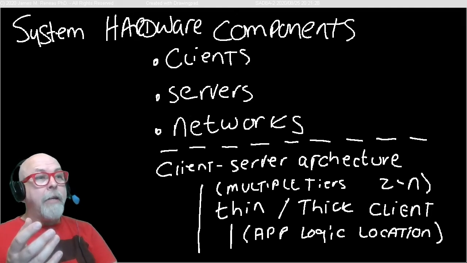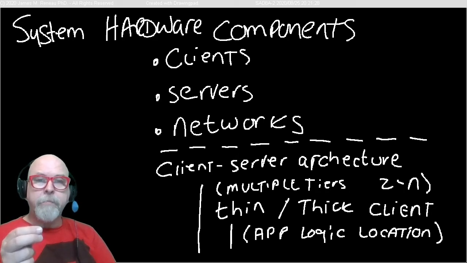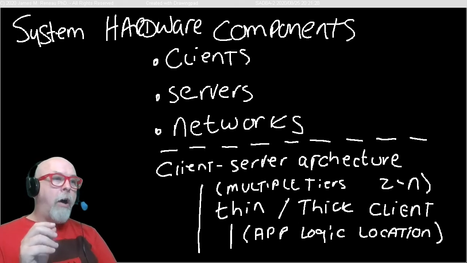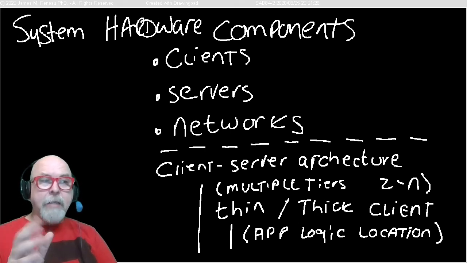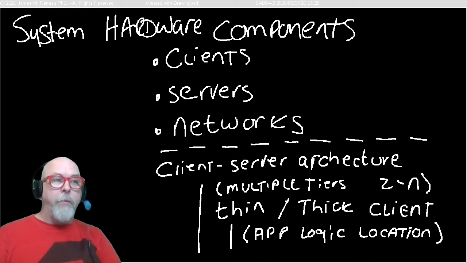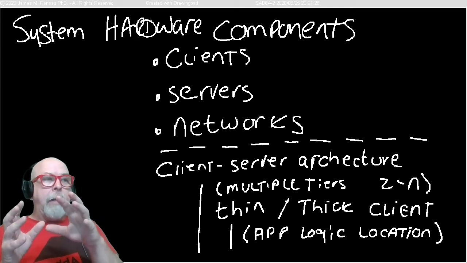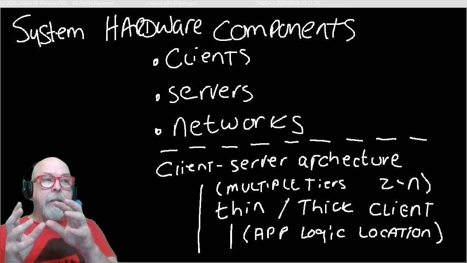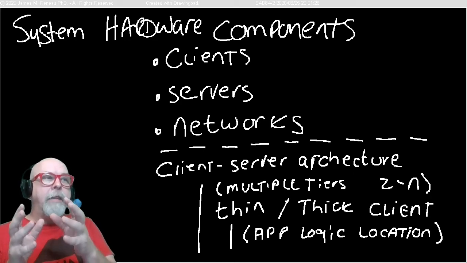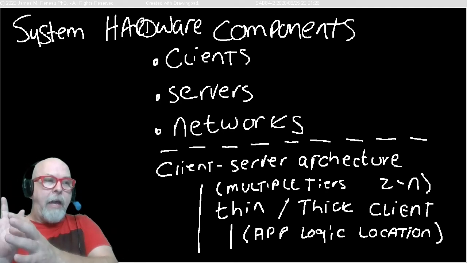A thin client is a client that only deals with presentation. All of the application logic, all of the data access logic, and all of the data storage are off somewhere else on the network. So a thin client is a very simple little app that sits on the client and lets the servers deal with all of that.